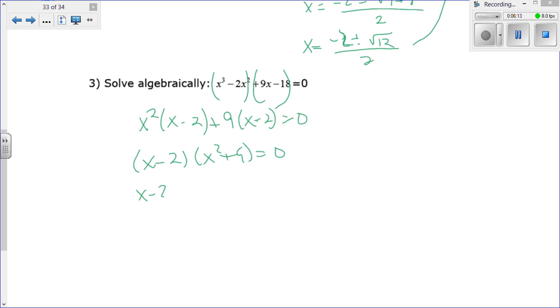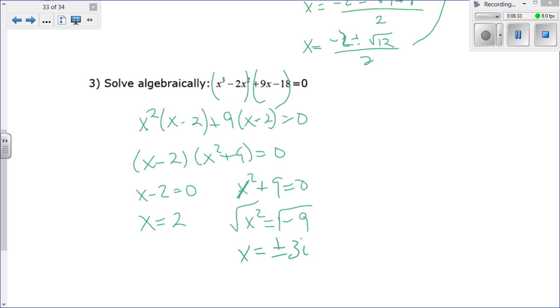So x minus 2 equals 0, and x squared plus 9 equals 0. So over here, x is equal to 2, and on the other side, we'll say x squared is equal to negative 9. Take the square root of both sides, so x is equal to plus or minus 3i.